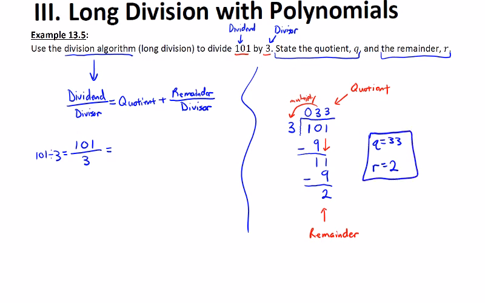Back over here, the answer for 101 divided by 3 is going to be 33 plus 2 divided by 3, which is equivalent to the mixed number 33 and 2/3. That gives us the result of the division. You can think of the quotient as being the whole number part of your answer, and the remainder along with the divisor helps you get the fractional or the decimal part of your answer.